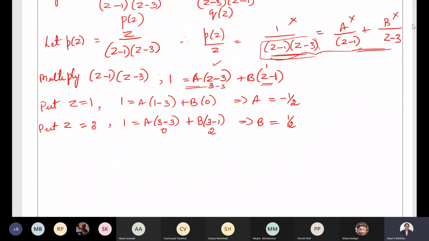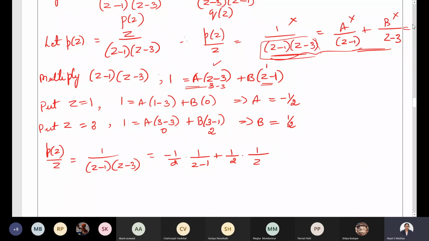Substitute this over here in P of z. So P of z divided by z equals 1 divided by z minus 1 into z minus 3, which is nothing but a by z minus 1, a is minus half, then b by z minus 3, b is plus half. So this is what we get.